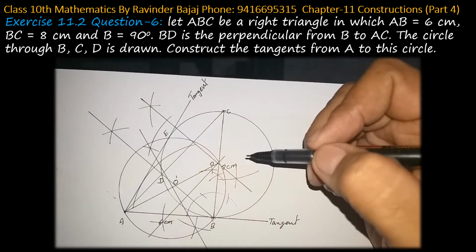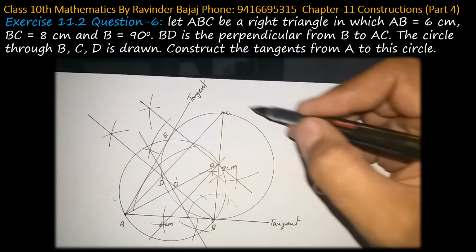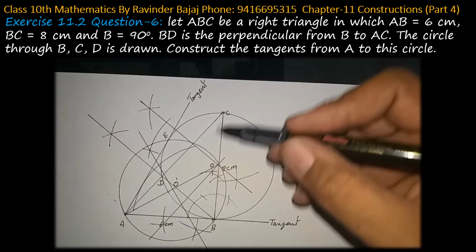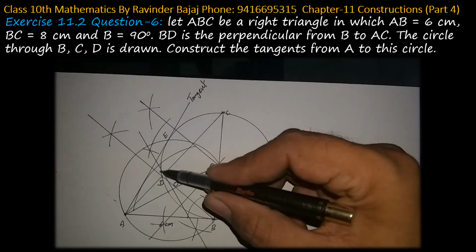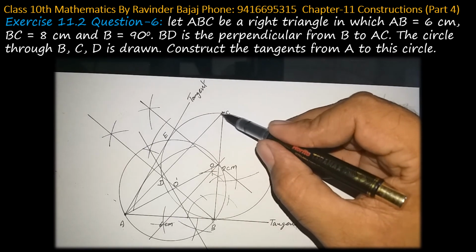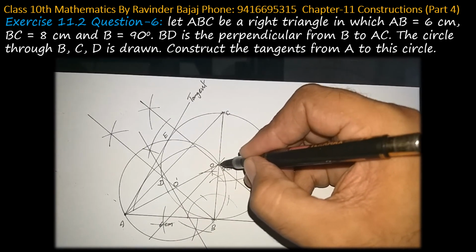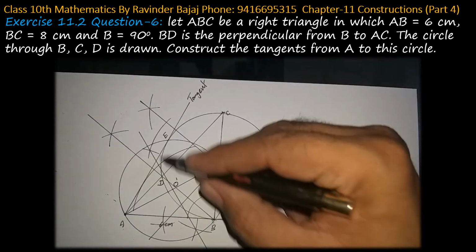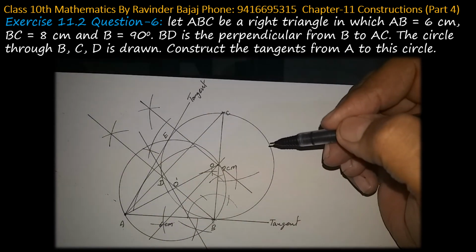Before that, it is given in the question, draw a circle passing through BDC. For this, we have drawn the perpendicular bisector of BD and the perpendicular bisector of DC also. Those two perpendicular bisectors are going to meet at O. This is the center of the circle and we have drawn a circle.